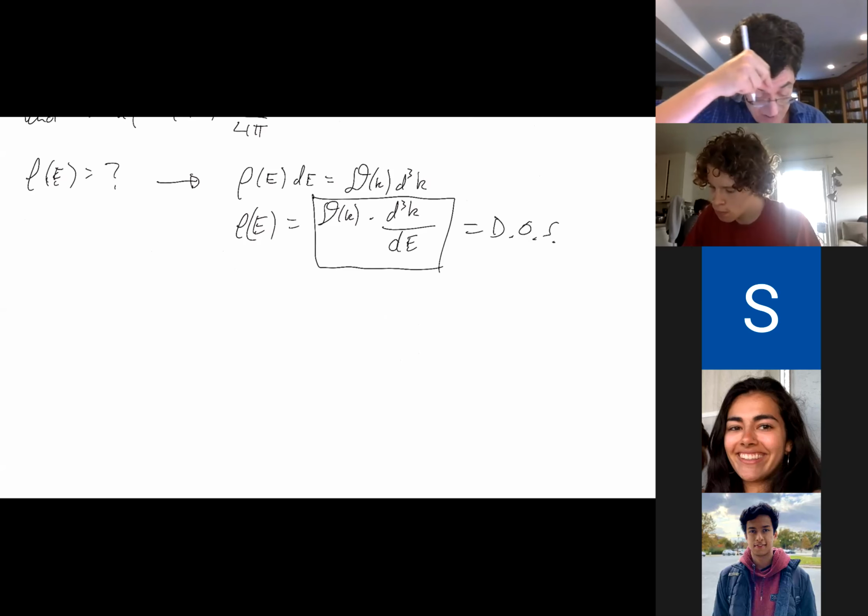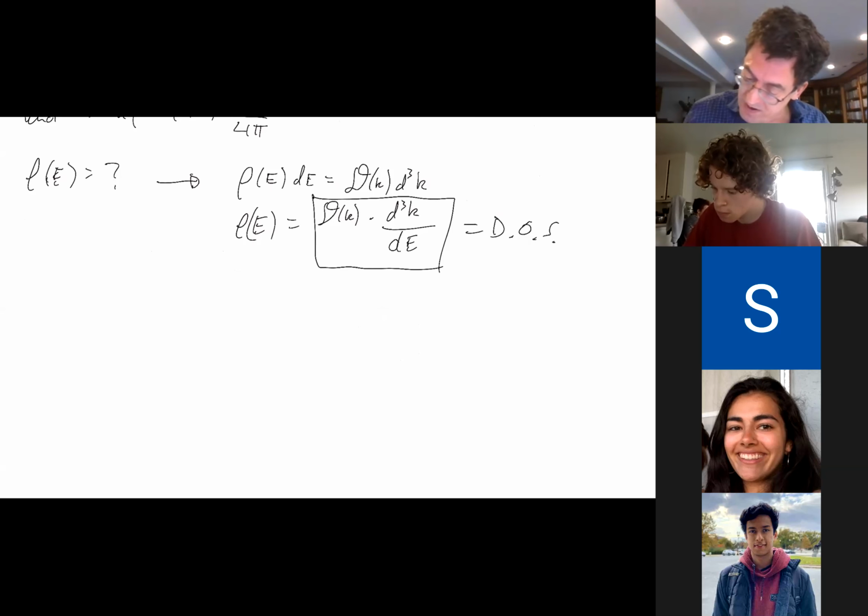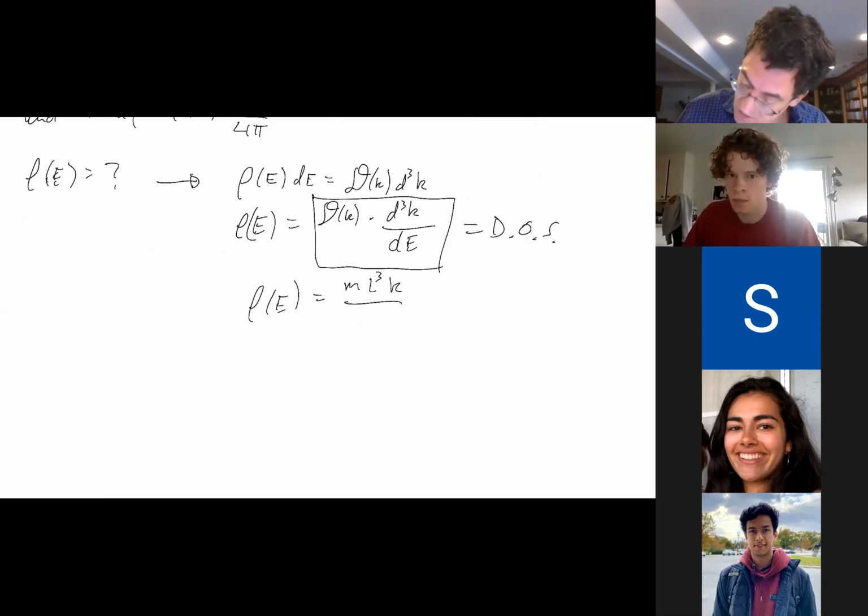There is some math, and unfortunately I don't have the time to do it. But when you calculate it, there's a very simple answer. You get m L cubed k over 2 pi squared h bar squared.